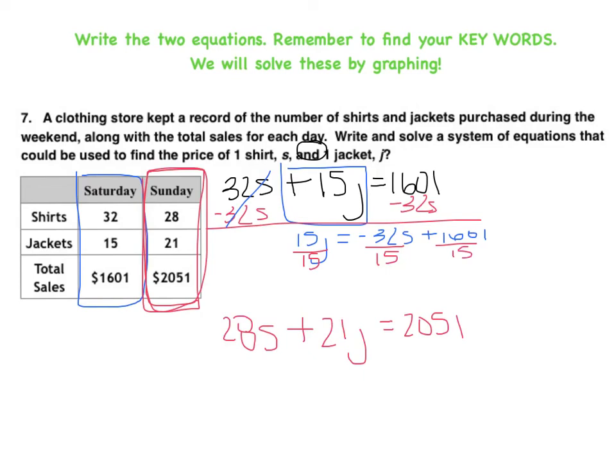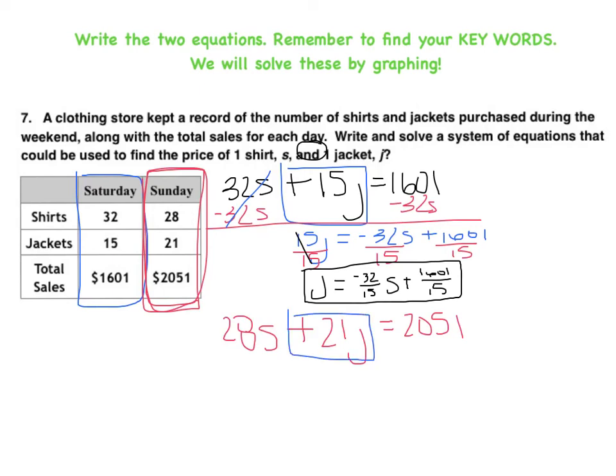Now I'm going to leave these numbers like these fractions so that we can deal with them when we get to class. So the first equation is j equals negative 32 over 15 s plus 1601 divided by 15. There's our first equation. Now let's work on the second equation. Same exact concept.